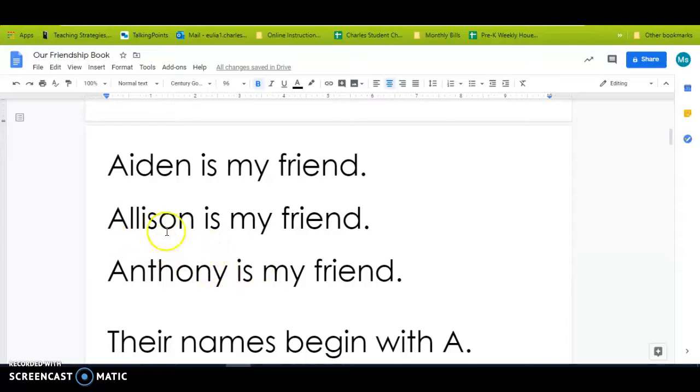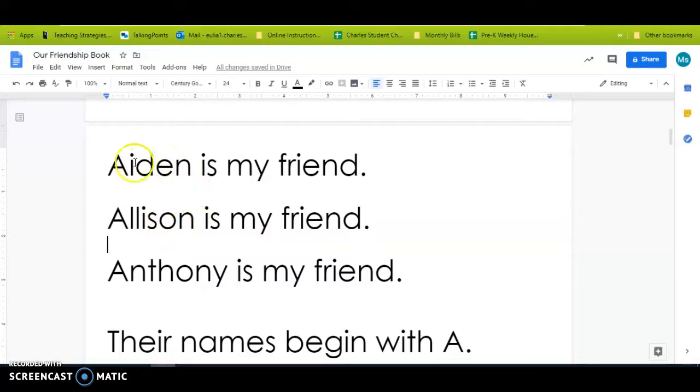Where's a small word in this sentence? Oh, I see a small word right here. Is. Very good. Do you see a big word? Yes, again, we know that friend is a big word. We also know that Allison is a big word because Allison has 1, 2, 3, 4, 5, 6, 7 letters in her name. Wow, that's a lot.